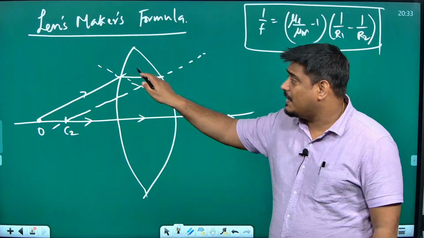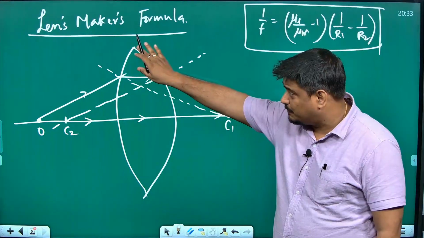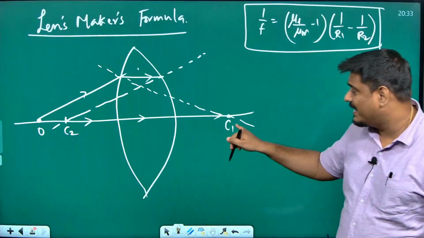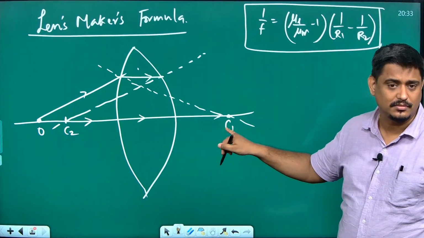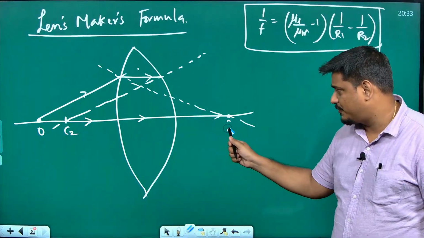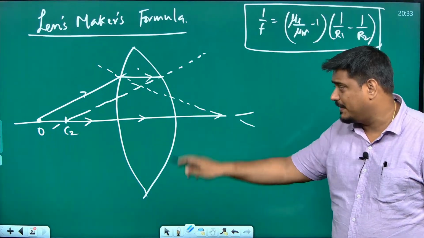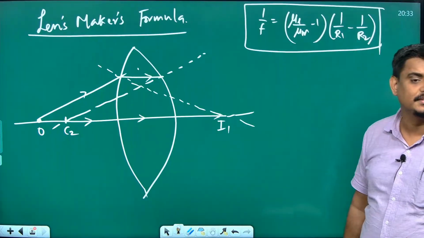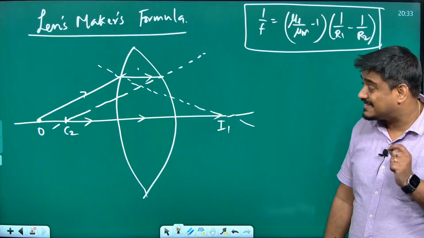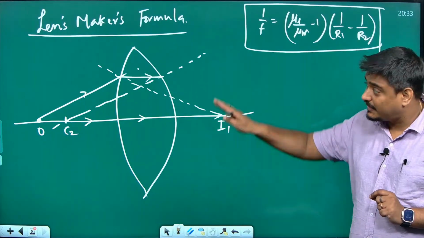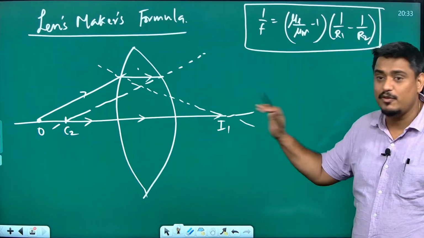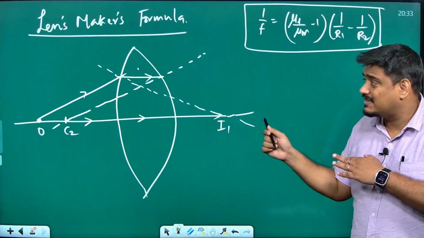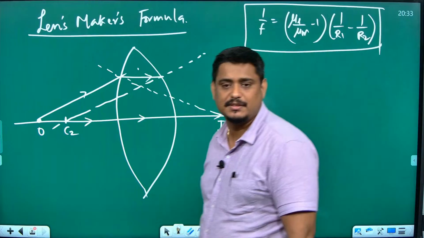If the second interface had not been there, then here itself the image would have formed. I am writing it as I1. But since there is a second interface, the image will not form here, and this image will be treated as the object for the second interface.